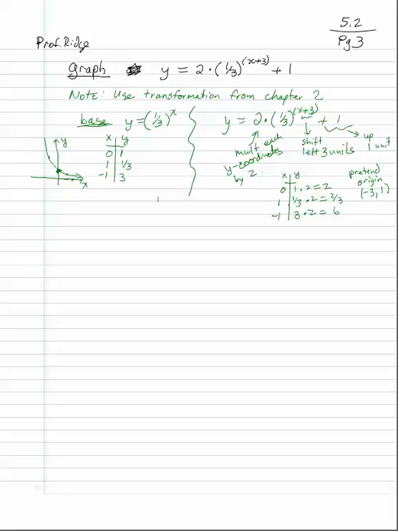Okay, so here we go. My pretend origin's at (-3, 1), which is right about here. Again, this is the way I do it. We're going to plot (0, 2), counting from my pretend origin.